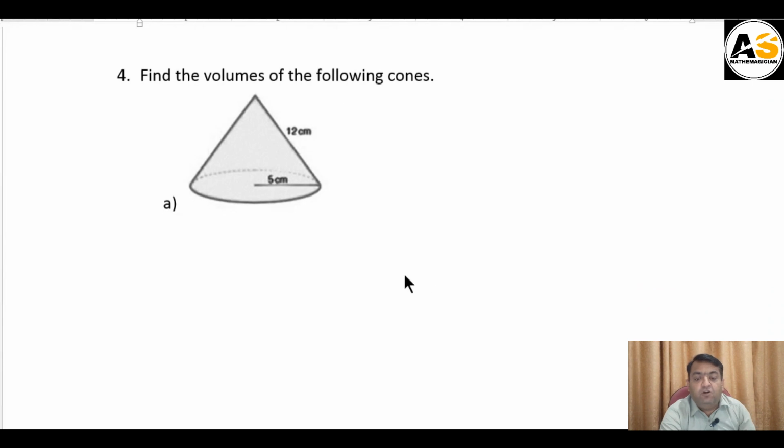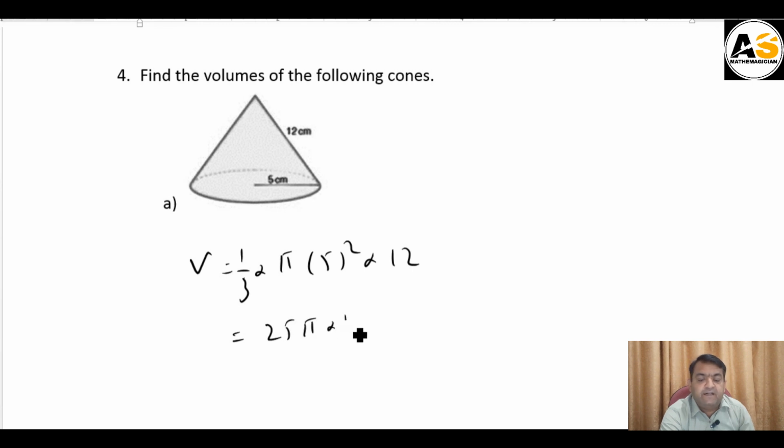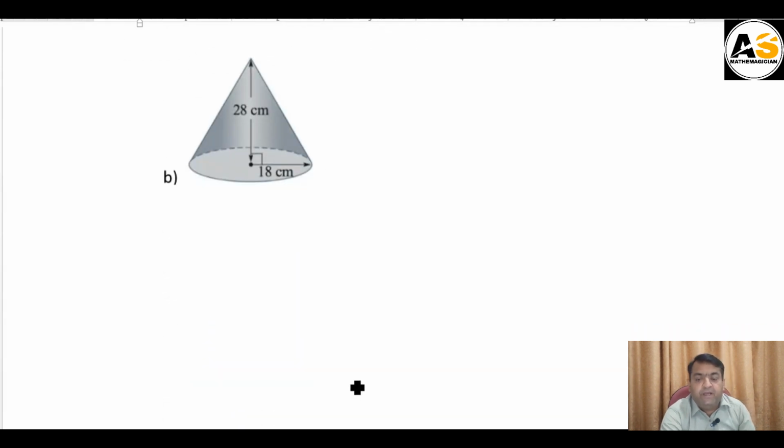We have to find the volume of this cone. Volume is 1 by 3 pi r square into height, which is 100 pi, of course, centimeter cube. Next, last question for today.